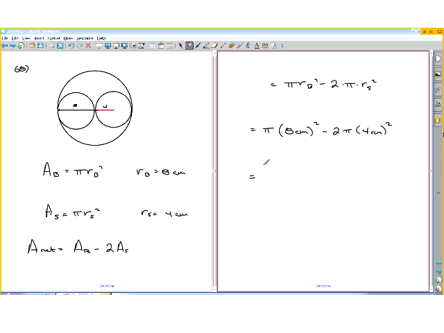We have pi times 8 squared, which is 64, minus 2 times pi times 4 squared, which is 16. And we get 100.5 centimeters squared. So that's the net area, the area that's shaded.